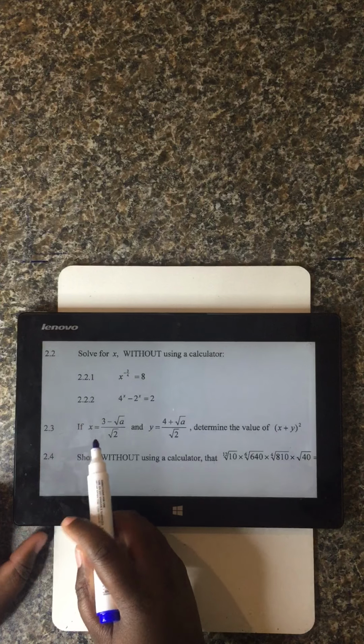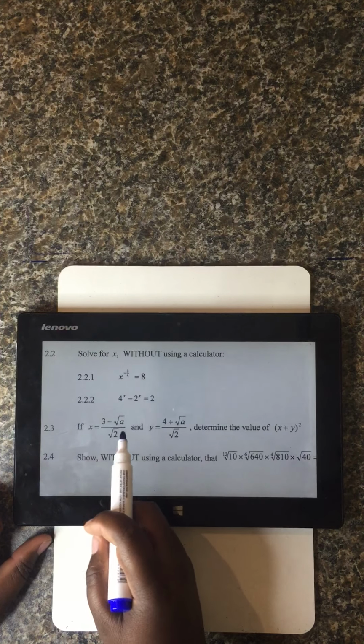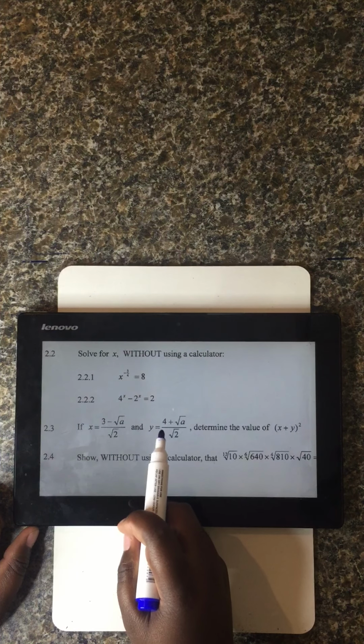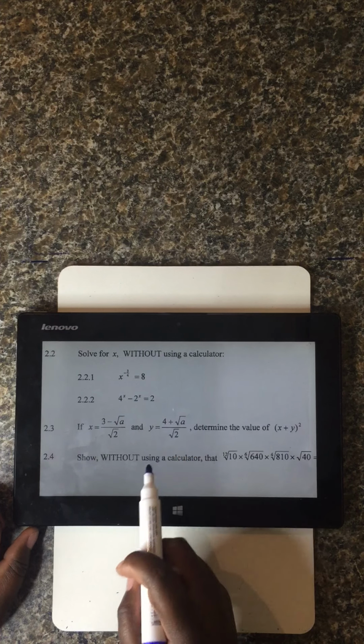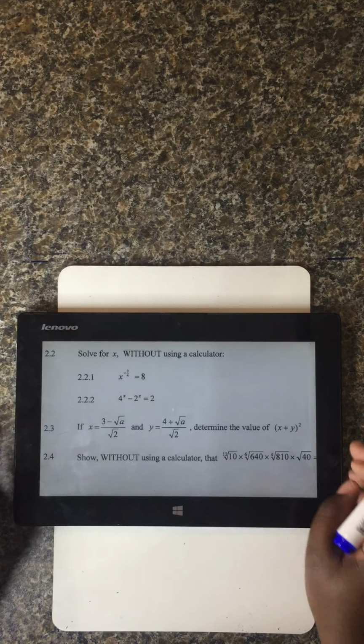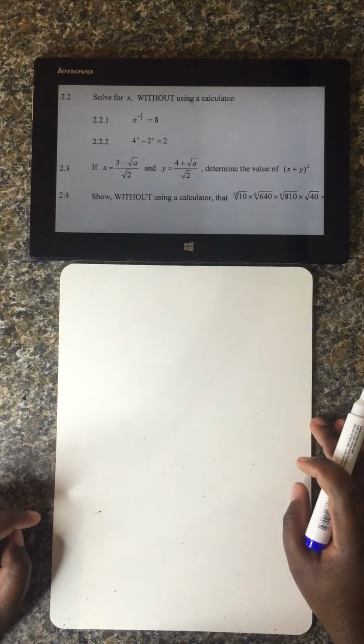So they're saying if x is equal to 3 minus square root of a all over square root of 2 and y is equal to 4 plus square root of a over square root of 2, determine the value of (x + y) squared. Very, very much important, ladies and gentlemen.